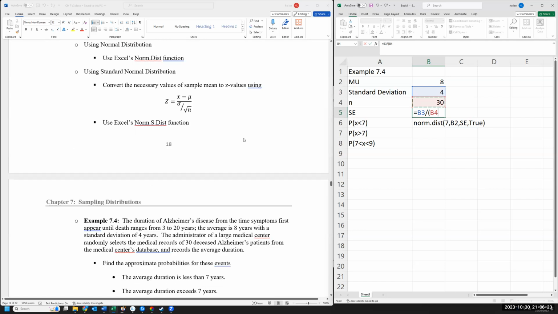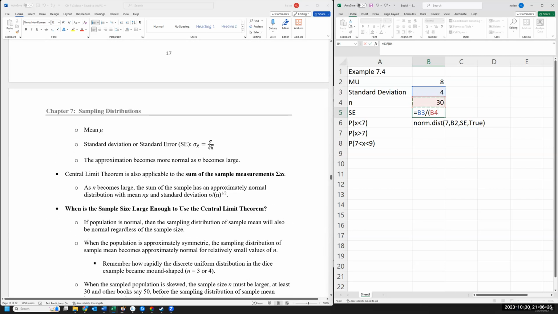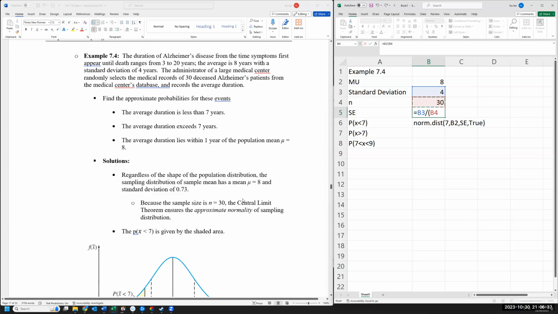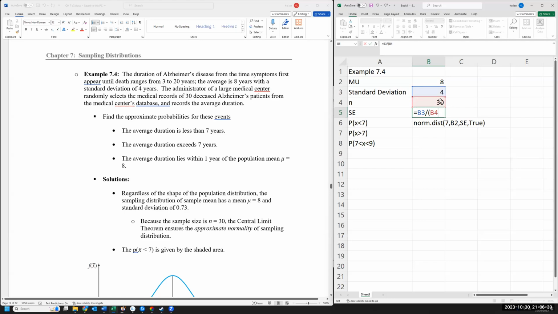If you scroll up here, the standard error, or the standard deviation of the sample mean, is equal to the standard deviation that they give you divided by the square root of the sample size. So it's 4 divided by 30 to the 0.5, close parentheses. That's what it is. So let's do this again, equal to. And for the standard error, we know what it is. We're going to plug in this number here. Enter.